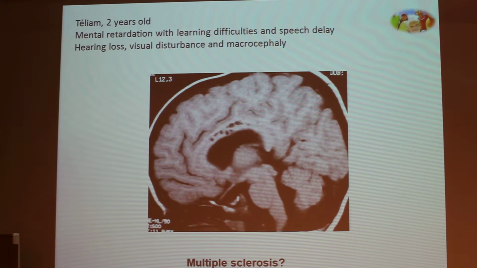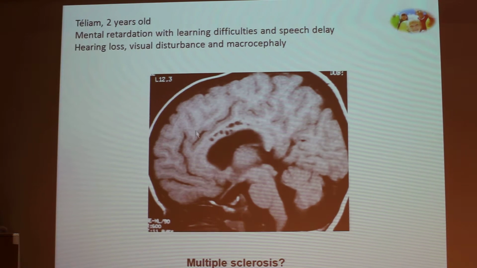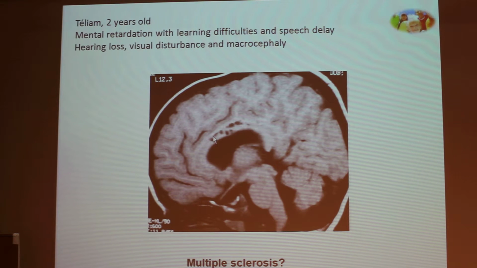So it is Teliam, he is 2 years old, he has a mental retardation with learning difficulties and speech delay, and we have this. So he has a hearing loss and visual disturbance and a macrocephaly. Yes, it is not multiple sclerosis, it's very rare in children.